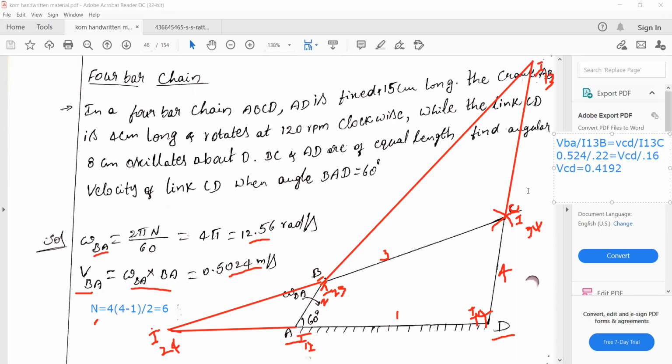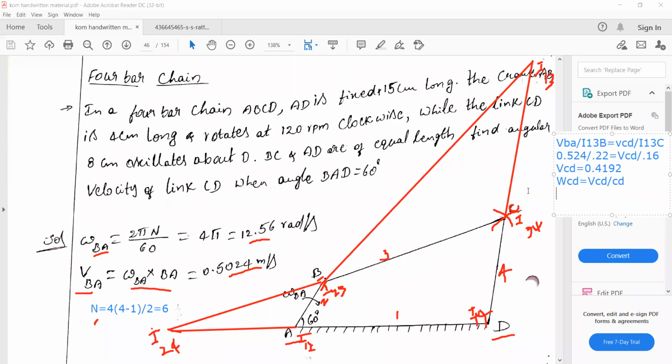So 0.4192 has to arrive here. Later we will find omega CD. The omega CD value is required. So omega CD equals VCD by CD.